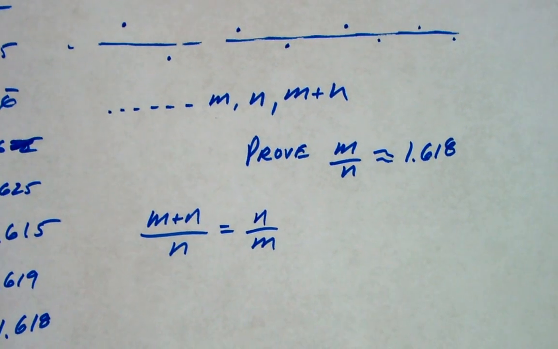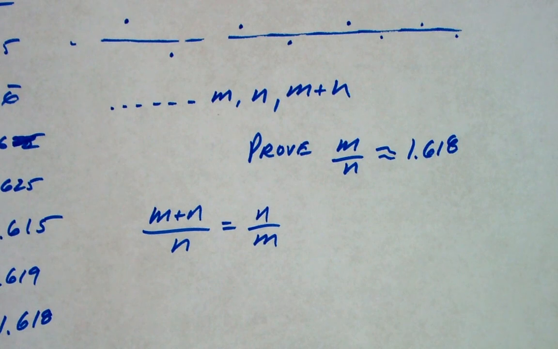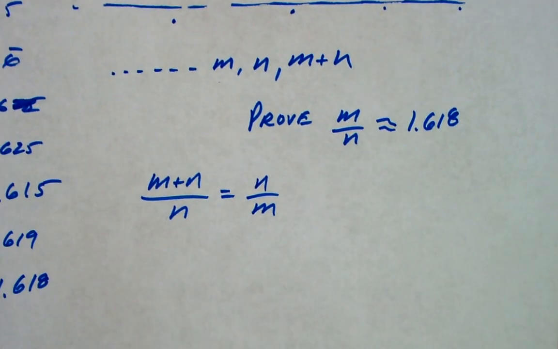Okay. So, let's solve this. What would you do if you were going to solve this? I want to solve this for M. And this is something you probably have never seen done before. But let's cross multiply. Cross multiply you've seen before.